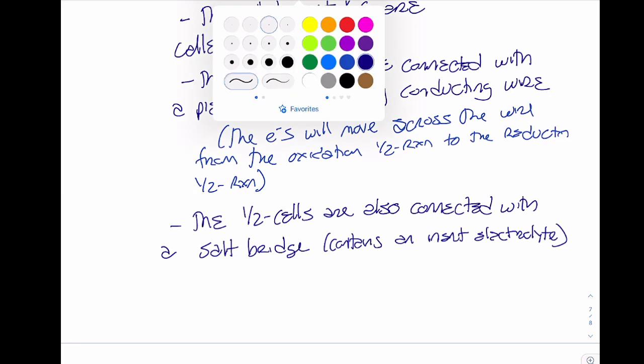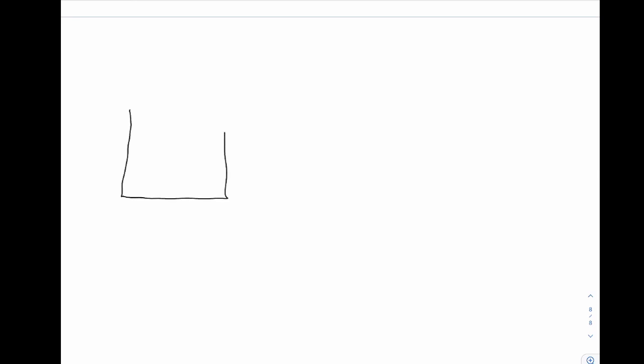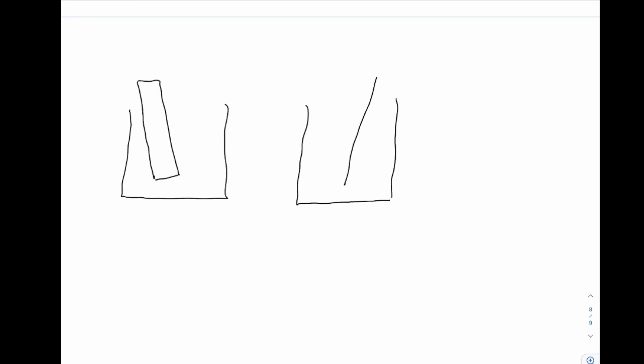So let's draw this. I'm going to have 2 essentially beakers, and these are going to be my half cells. And then in there, I'm going to have my piece of solid metal. And then I'm going to have that in a solution.